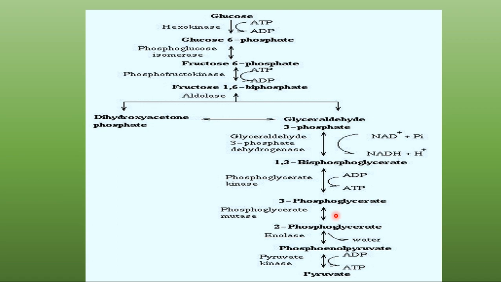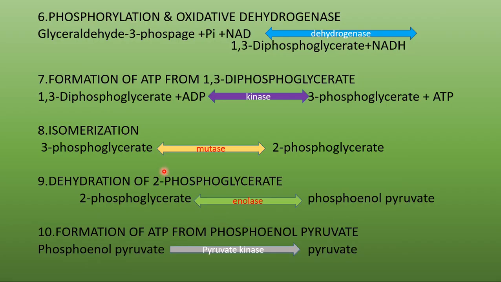Now this 3-phosphoglycerate is again going into an isomerization step, giving rise to 2-phosphoglycerate. That means the phosphate position is going to be moved from the third carbon to the second carbon. So that's how it becomes 2-phosphoglycerate. Now the enzyme involved here is the mutase.